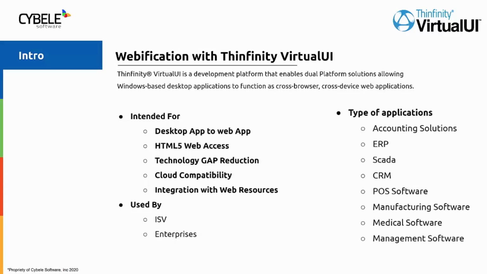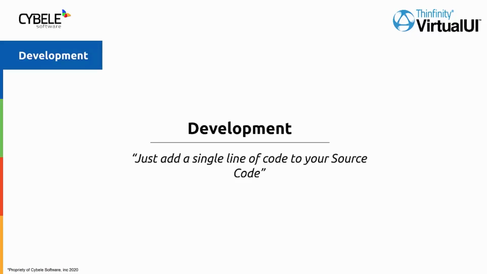It doesn't matter if your application is really graphic intensive or if it has really complex logic in the backend, Thinfinity VirtualUI can handle it. Either if you have an accounting solution or a CRM or a SCADA, you can use Thinfinity VirtualUI to make it available on the web. And as I mentioned before, the best part is that you don't have to do any recoding. You just need to add a single line of code to your source code to make it work.